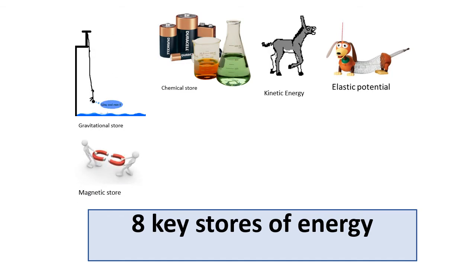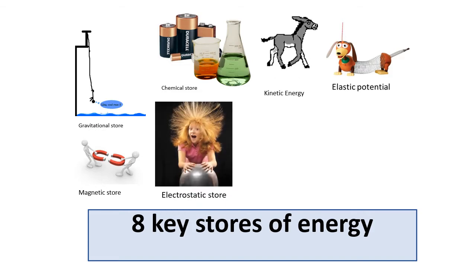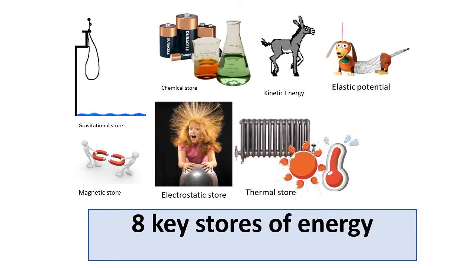Here, you can see two magnets using a force of repulsion or a force of attraction between them. So this is a magnetic store. When there is a transfer of electrons, then that is the electrostatic energy store. When there is energy transfer by heating, that is the thermal store.